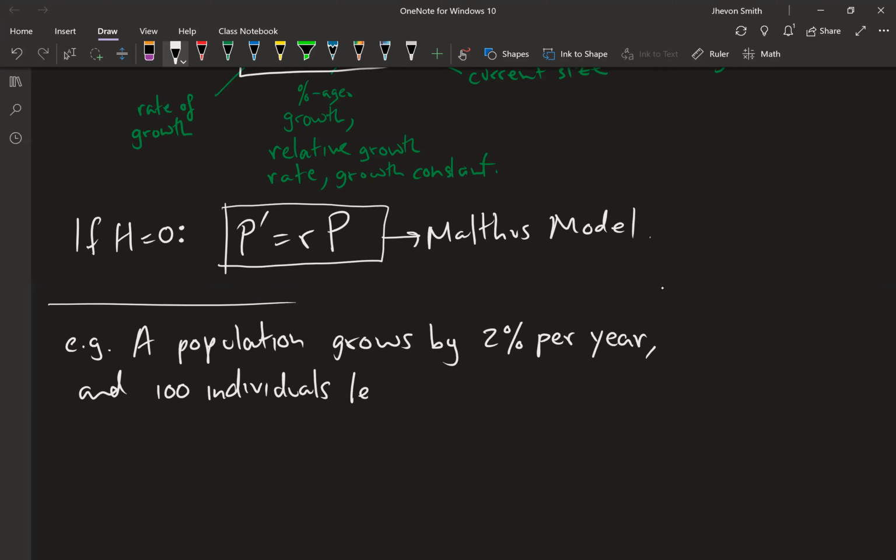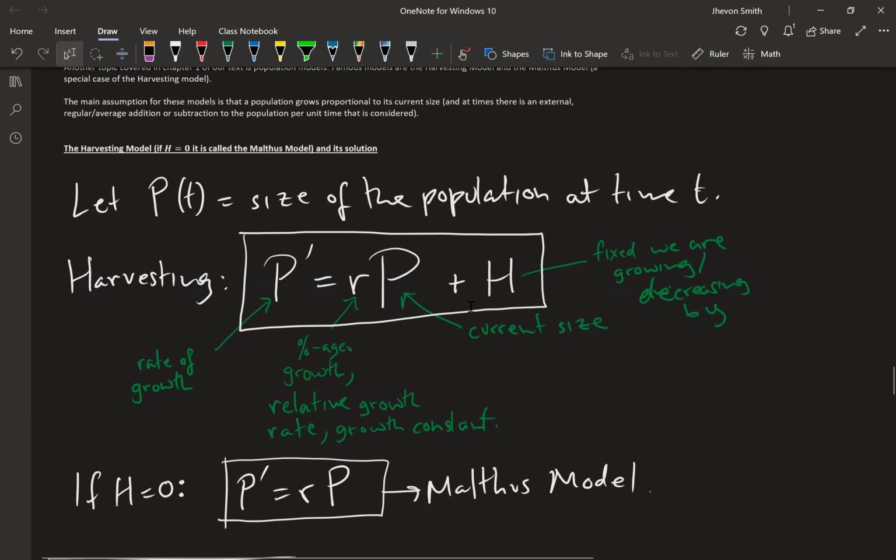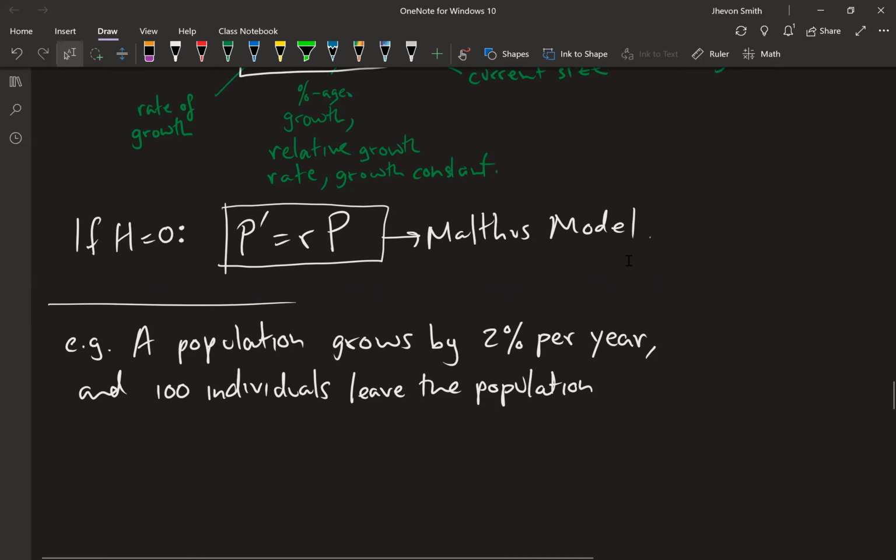Let's say they leave the population. Yeah, H can be a death rate. Then you just think of it as negative. They leave the population. You can think of leaving as through death or them just moving out or something like that. We're not going to get too much into specifics. What's important to us is this differential equation and how to solve it. But this is an application, so leave the population per year.